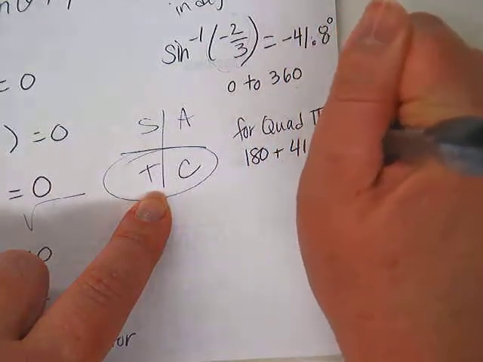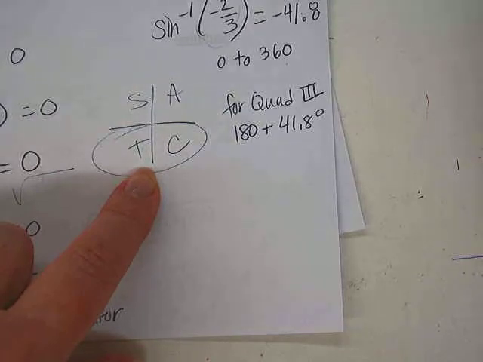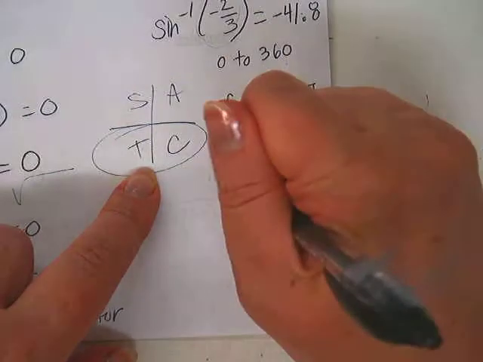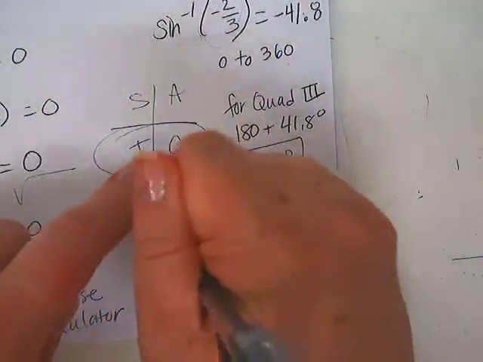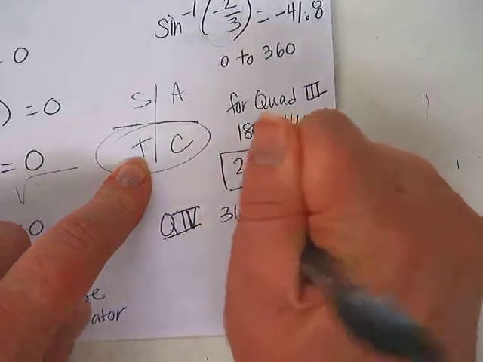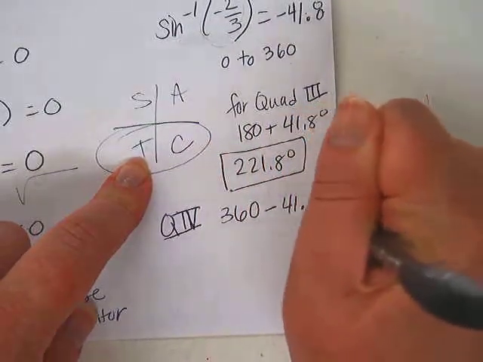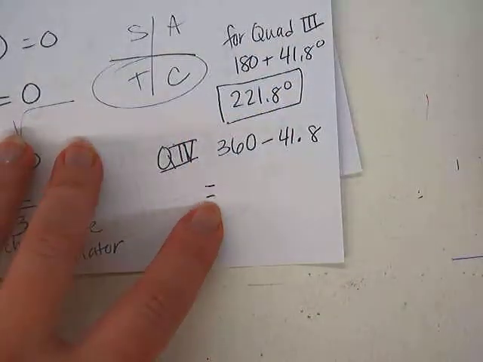How do we change that to a quadrant 3 angle? For quadrant 3, we're going to take 180 and add our reference angle 41.8. So what's the quadrant 3 angle going to be? Yep. And then for quadrant 4, we actually take 360 and subtract our reference angle 41.8.